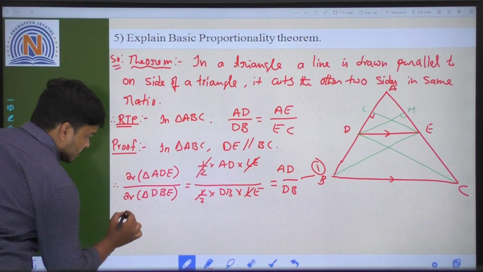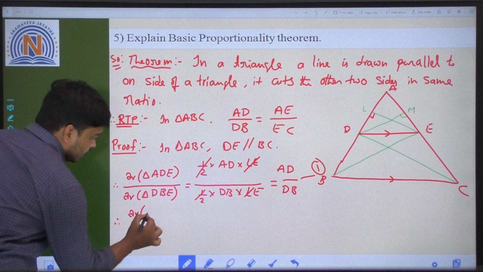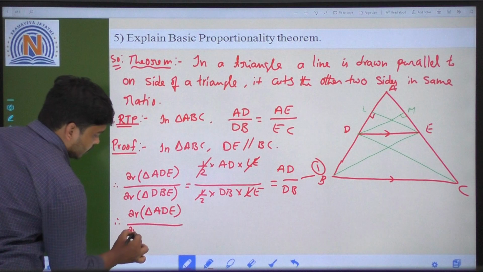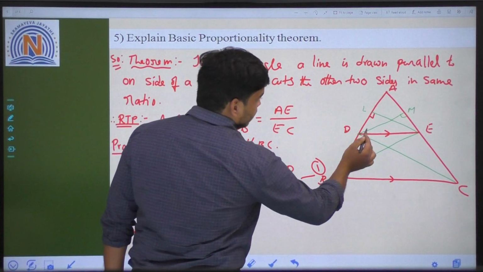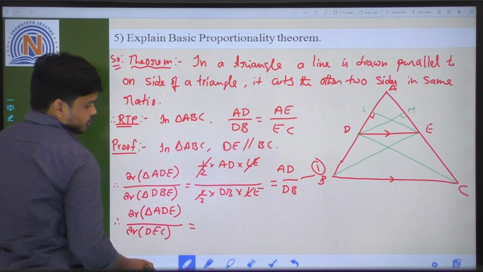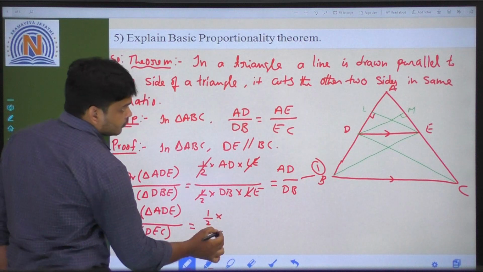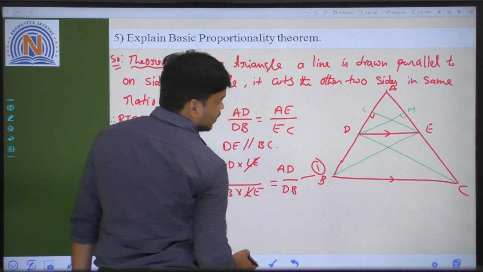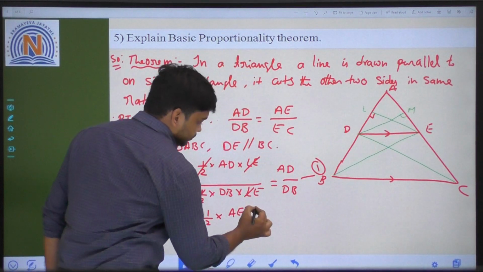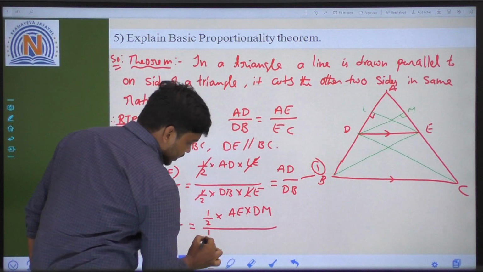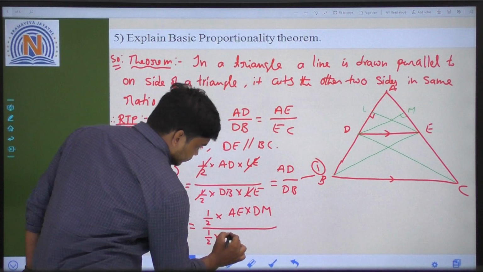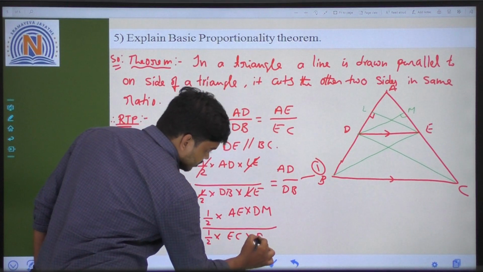Now coming to the second one, similarly, area of triangle ADE by area of triangle DEC is equal to half into AE as base, into height DM, by half into base EC into height DM.